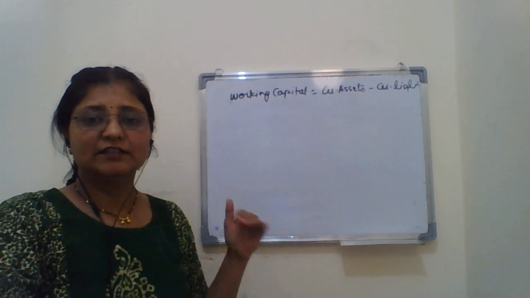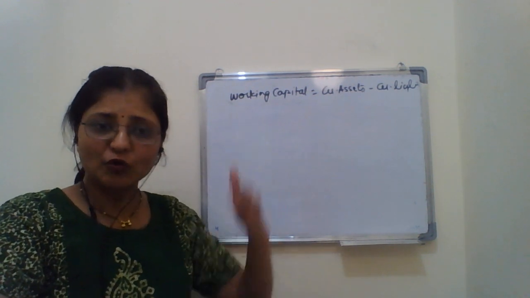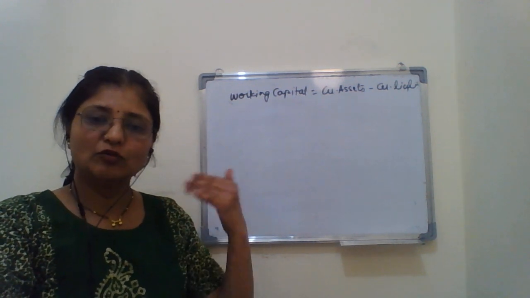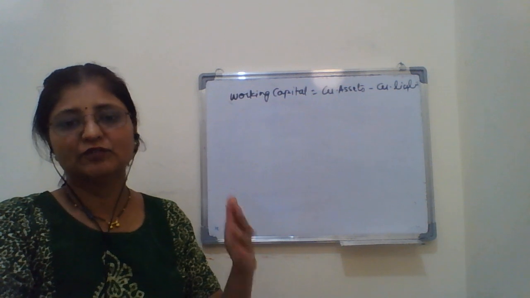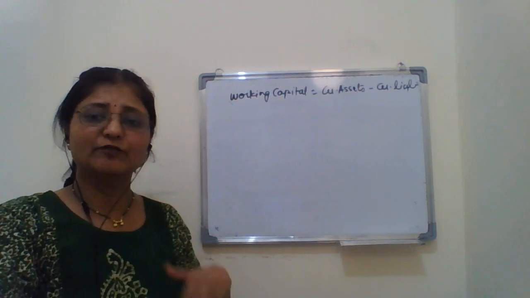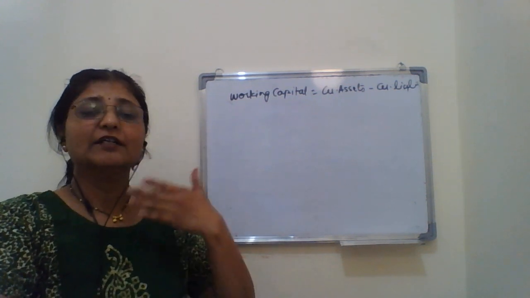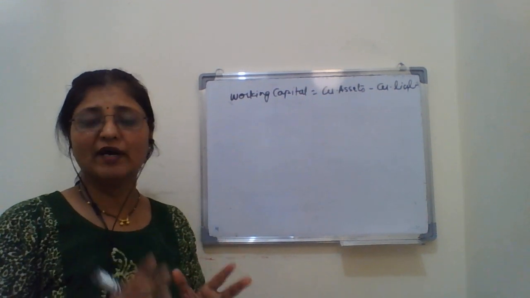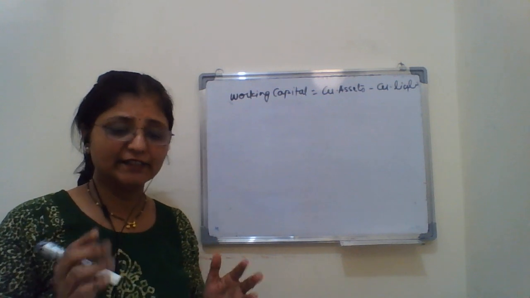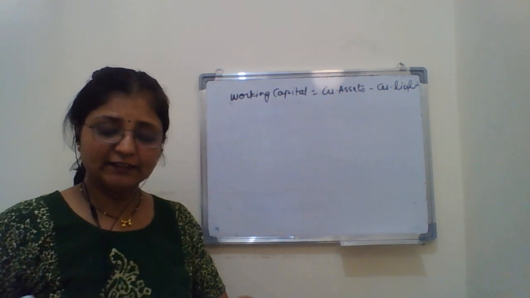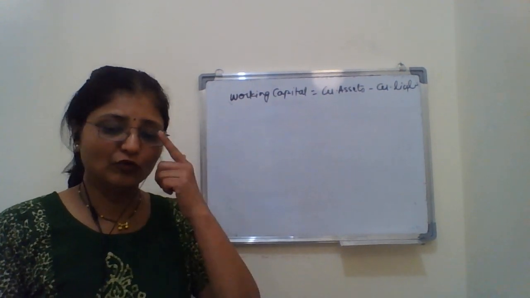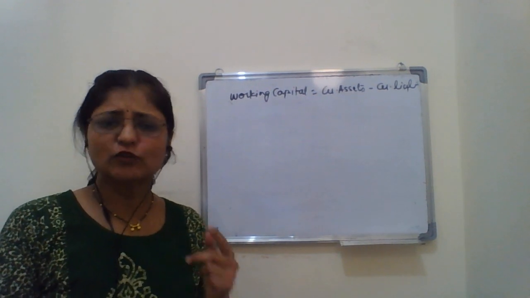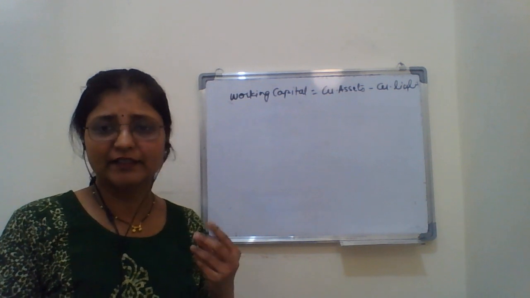Then sometimes we are given total debts and long term debts. From total debts, if we deduct the long term debts, we will get the current liabilities. Similarly, from total assets, if we deduct the fixed assets, we will get the current assets. Anyhow, you have to find out the amount of current assets and current liabilities. There is one illustration on page number 4.11, illustration 13. This is a little different illustration.